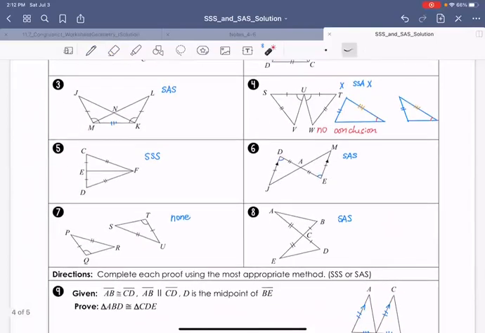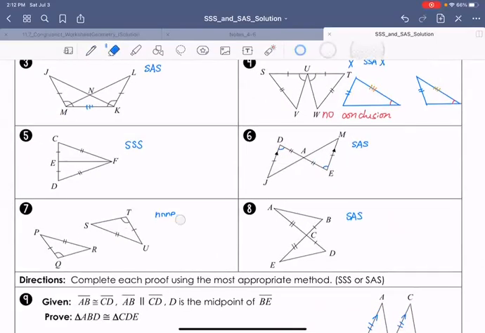Now let's see here. Branson, number 7. What do you call this? HL. Did I say... wait, this is 90 degrees? If I mark this, that's 90 degrees, but this is not 90 degrees, right? So what do you have to do?